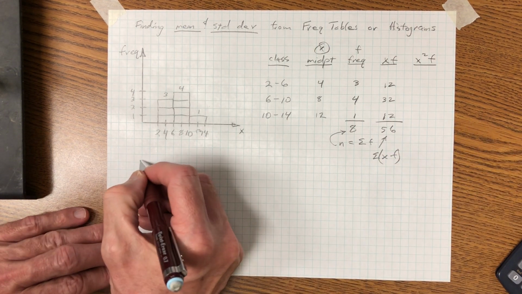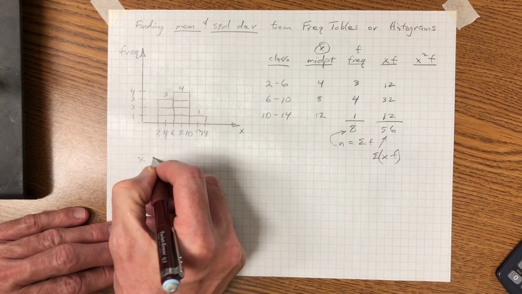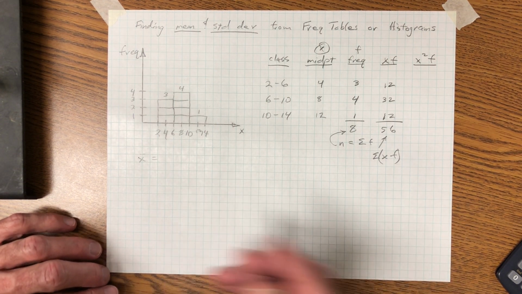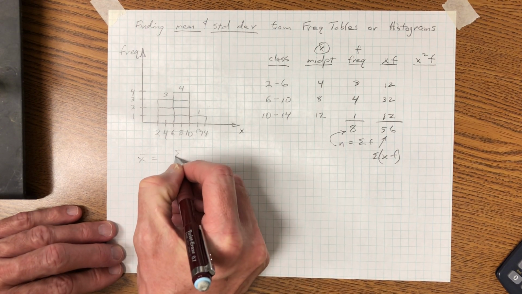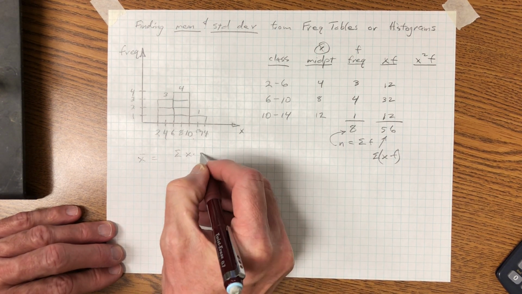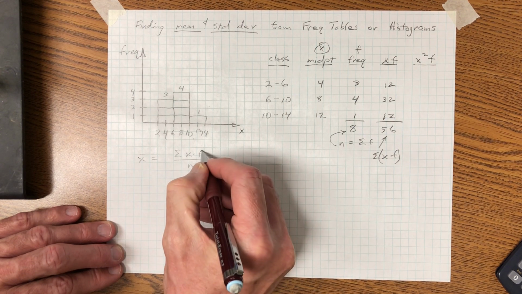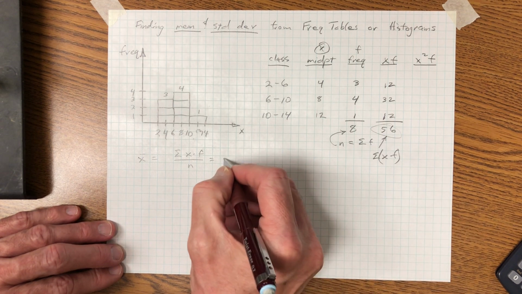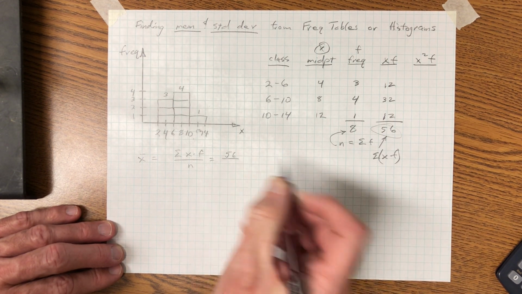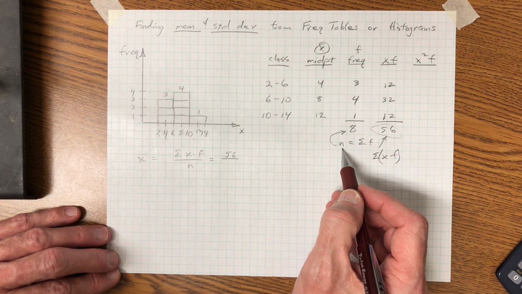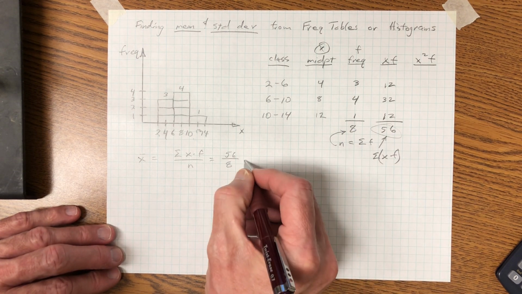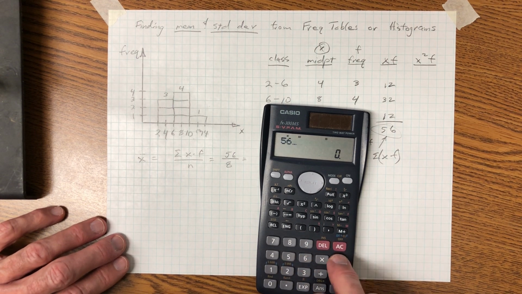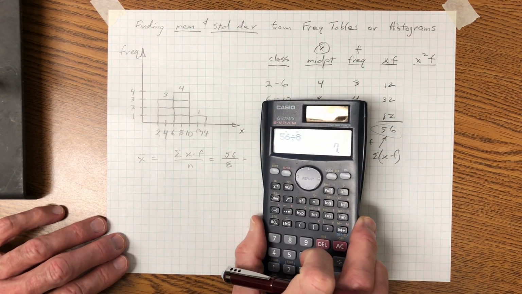So we come over here, we figure out our formulas. The x bar, this is the bottom of the chapter 4 side of your formula sheet. The bottom right-hand corner tells you the x bar is the sum of the x times f's divided by n. So this here is the sum of the x times f, so it's 56, divided by the sum of the frequency column, which is n, that's 8, and 56 divided by 8 is 7.